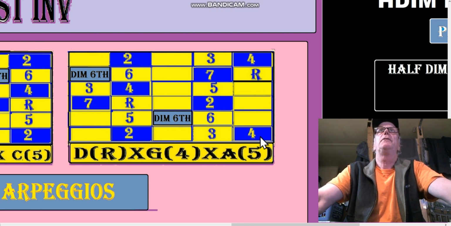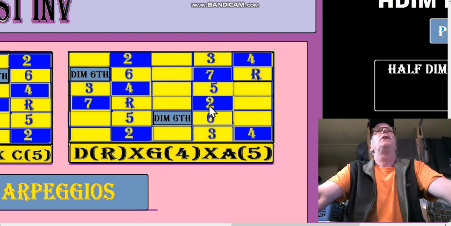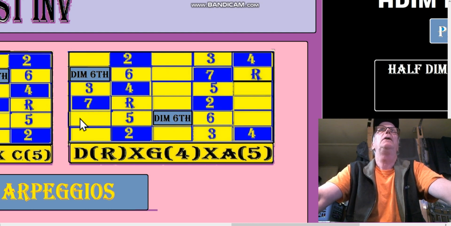Now this is the G-shaped 4. Here's the A-shaped 5. I got a little confused myself. So there's our A-shaped 5. That's our Mixolydian 5th. And we're going to play according to the formula. We're going to suppress the root of that 5th, and we're going to add the diminished 6th.